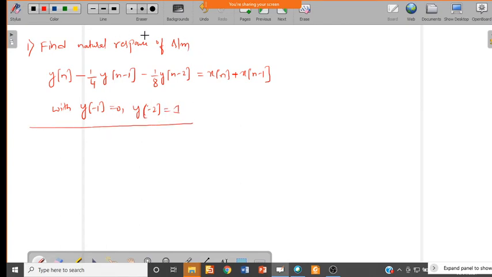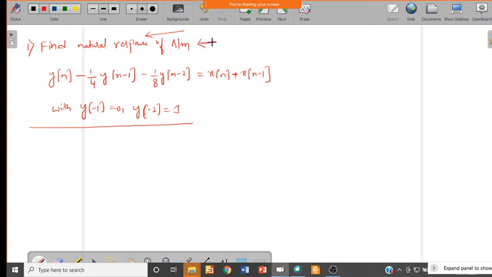So we know the natural response of the system is only because of the initial conditions, not the input. There we have to find y n of n, the natural response, by using the Z transform.